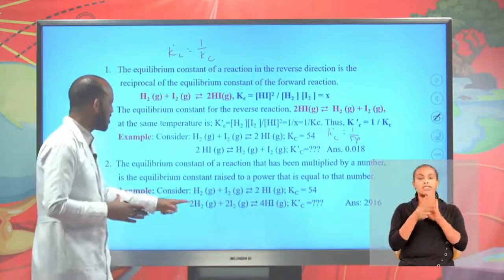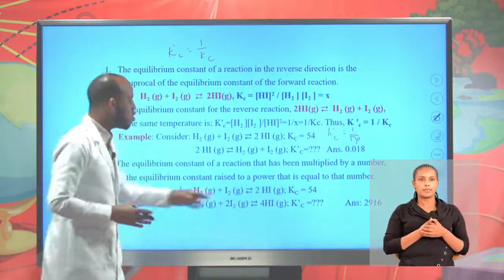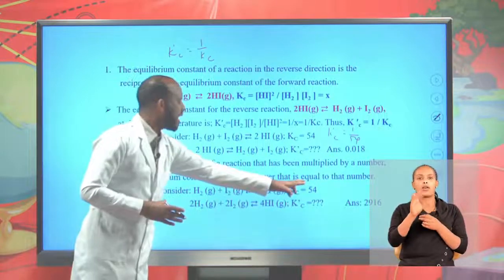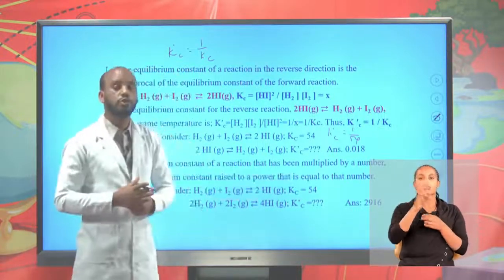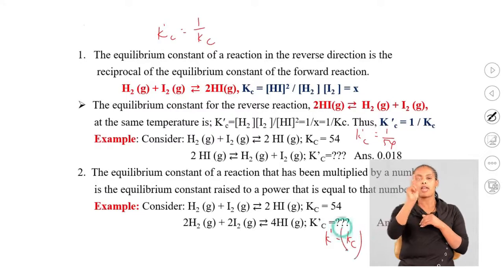Now this reaction is multiplied by 2. The new Kc, which is K'c, equals original Kc to the power 2. K'c equals original Kc to the power n.